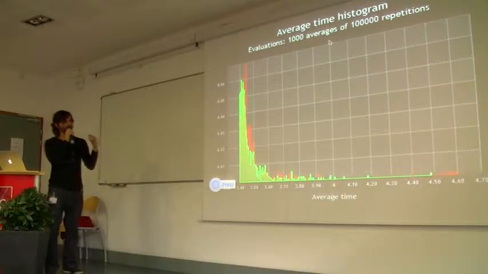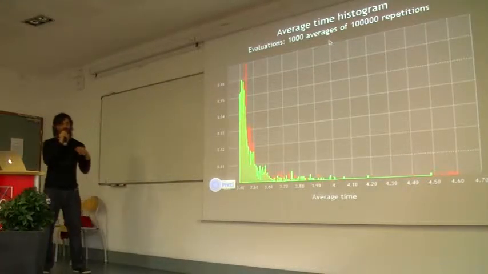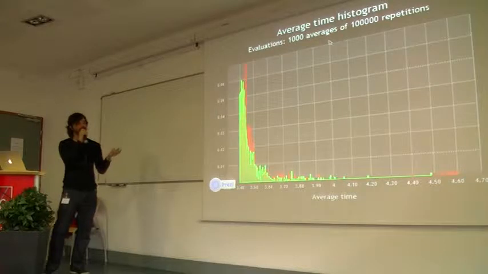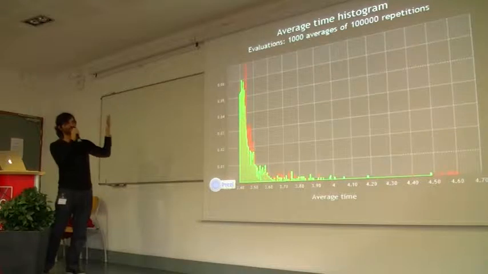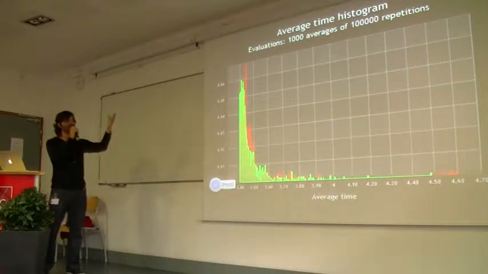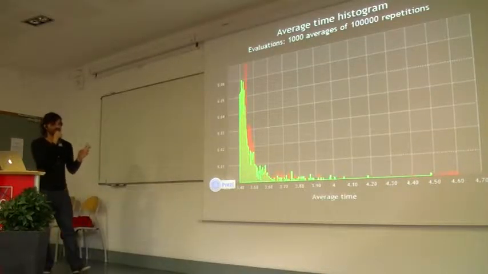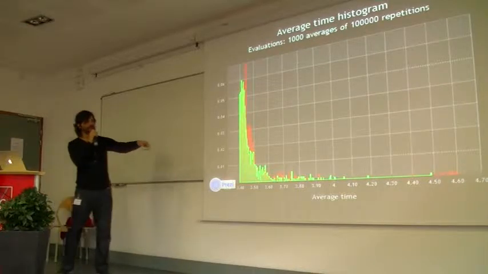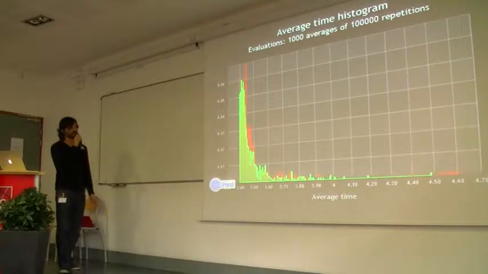So here we have two histograms of averages using the bytecode optimization benchmark. Since we ran it very many times, we expected to find a normal distribution here, but as you can see, we have several outliers, that is, measures that are very far from the mean of the sample.